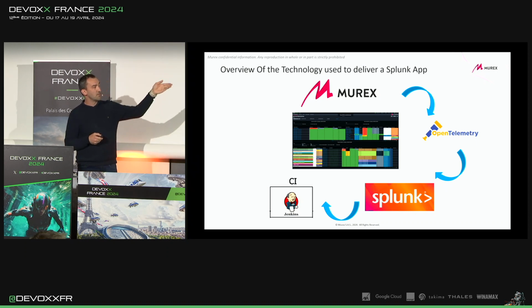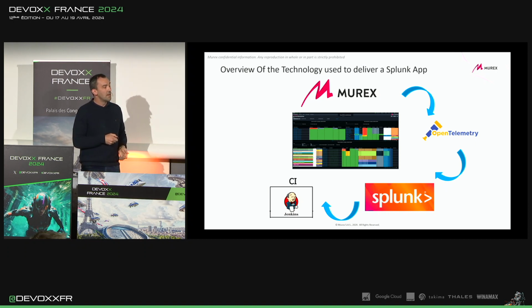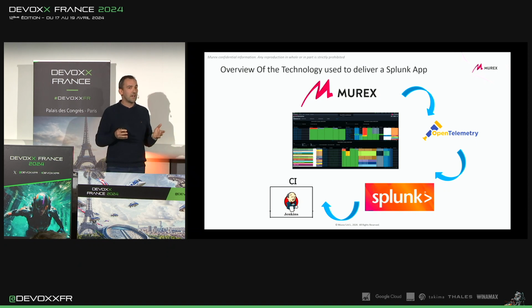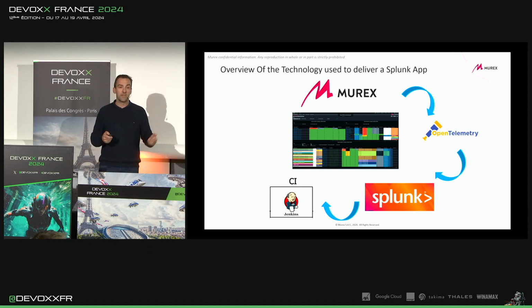If you deliver this to a client with a version of the Murex binary, how do you know that this screen is not going to be blank or this screen here? You need to test your software. And this was a big challenge we had. And we went to the market and we could not find anything that was very good for us. So we decided we needed to build ourselves using CI and using specifically a Jenkins pipeline. And I'm going to talk about that as well.